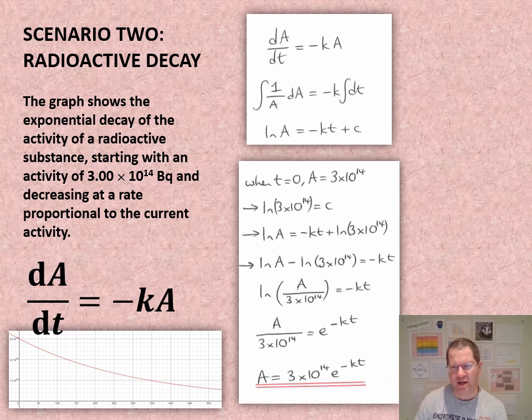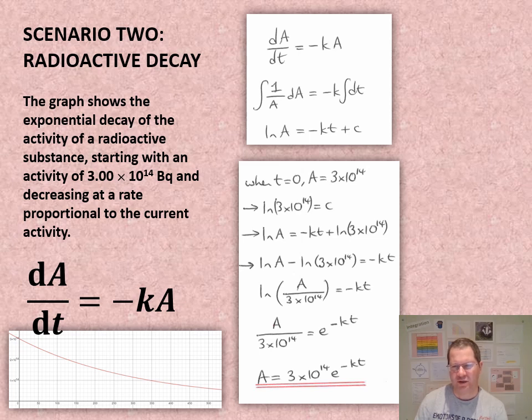We're going to divide by A and times by dt, so we get the integral of 1 over A dA equals minus k times the integral of dt, from which ln A equals minus kt plus c. And then again, we've got an initial condition. When t equals 0, A is 3 times 10 to the 14. When we substitute those numbers in, we get ln of 3 times 10 to the 14 equals nothing plus c.